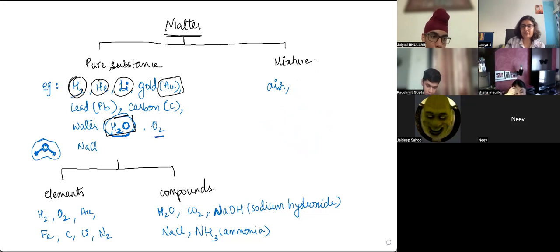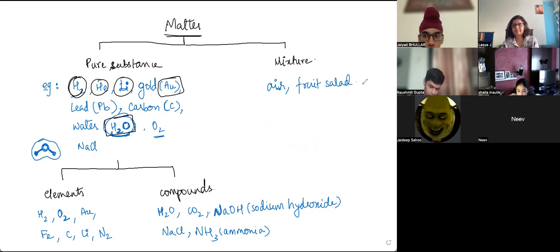Fruit salad, pure substance or mixture? Mixture. Yes. Then we have sugar water, salt water, seawater, which is basically a mixture.